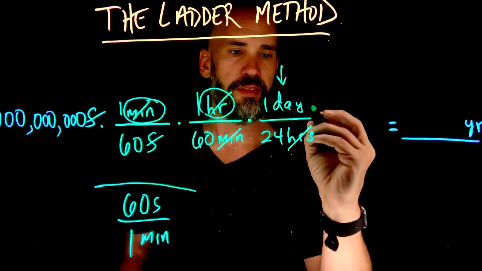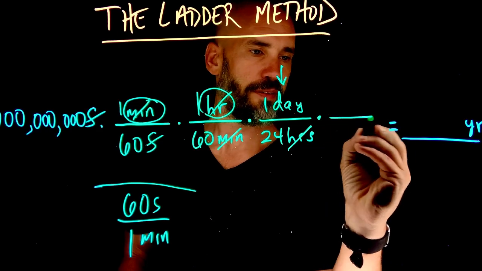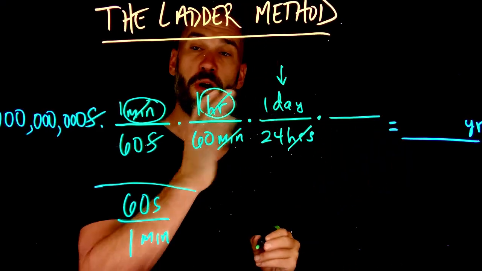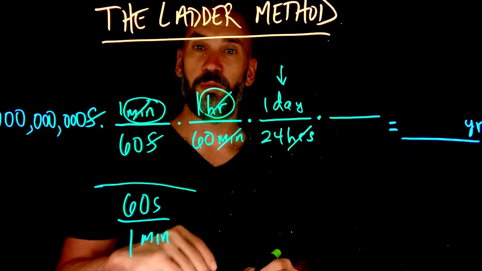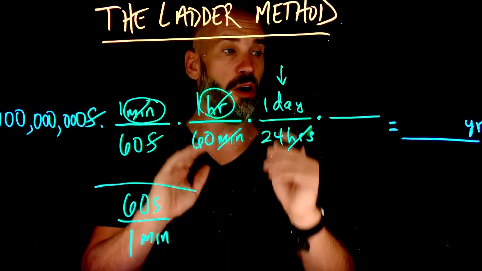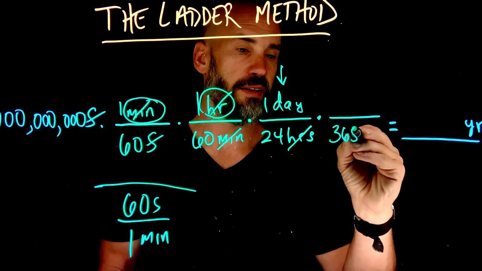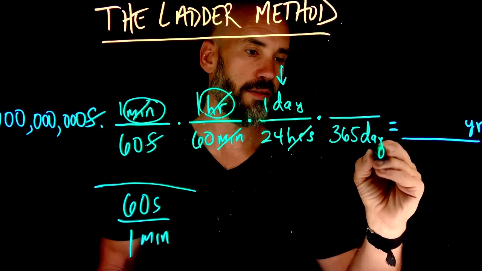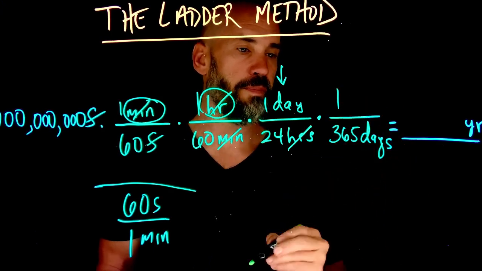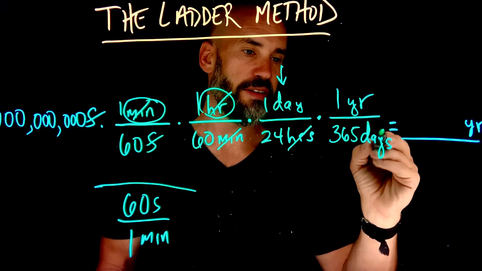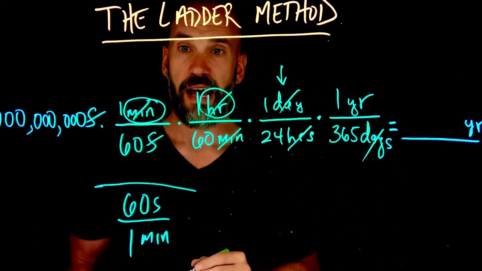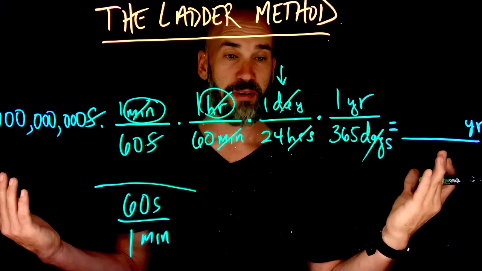Okay, the last one I bet you can guess. We don't have to jump to months or weeks or anything like that. We know precisely that there are 365 days in 1 year. And now these days cancel out with these days, and I have an answer.